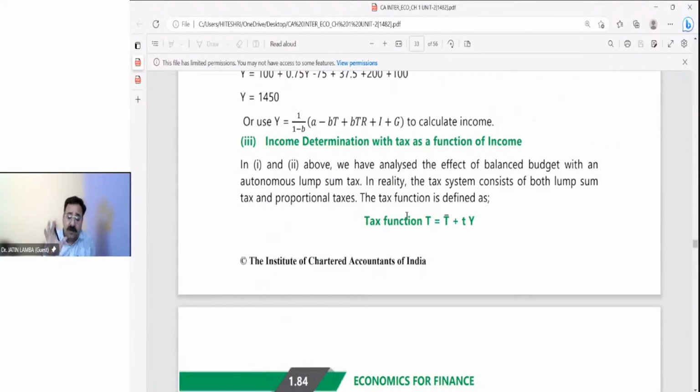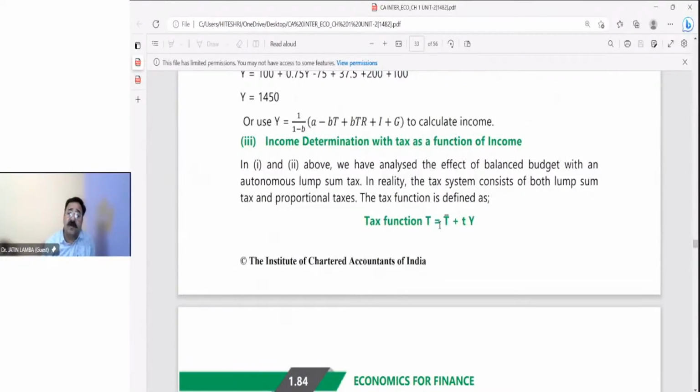Say the tax rate in any economy is 30%. So 30% of what?